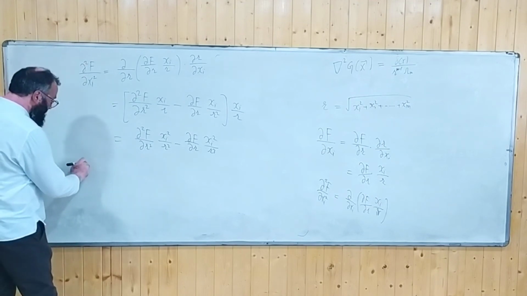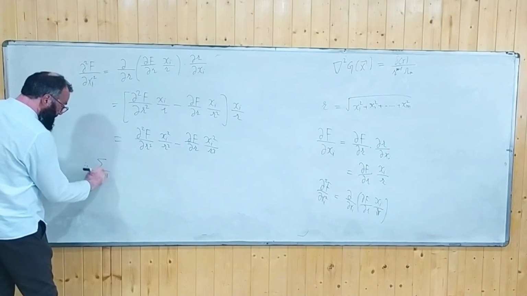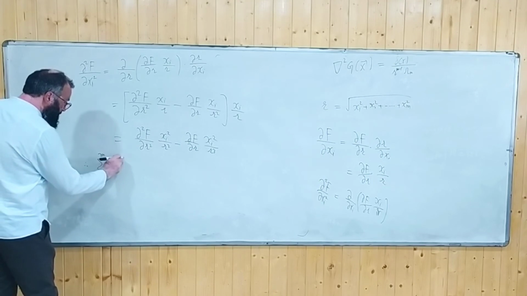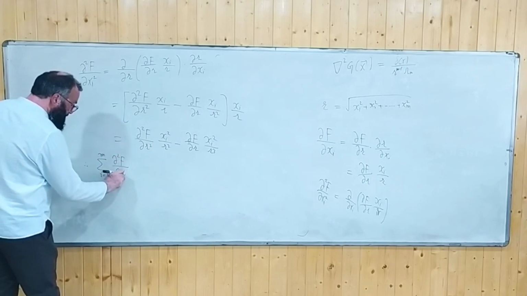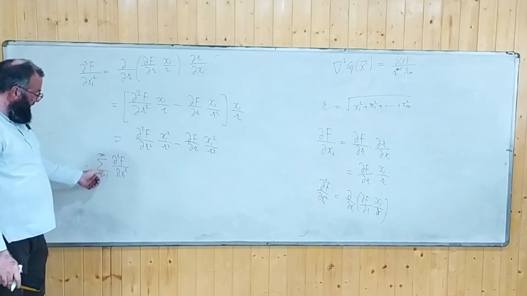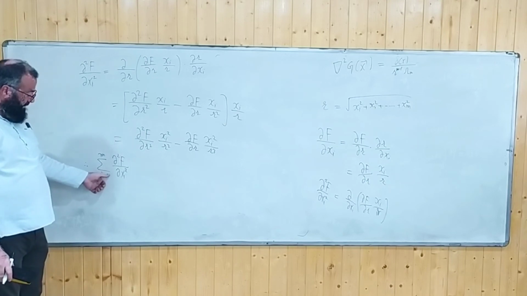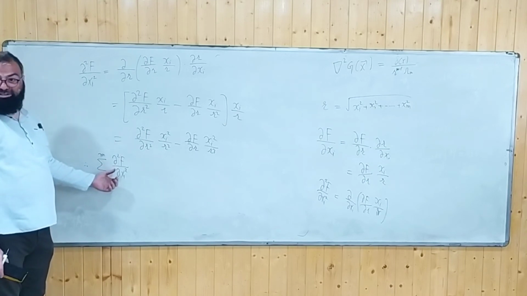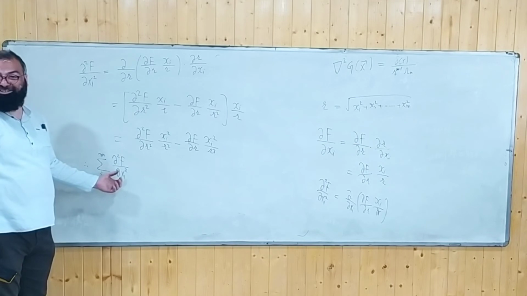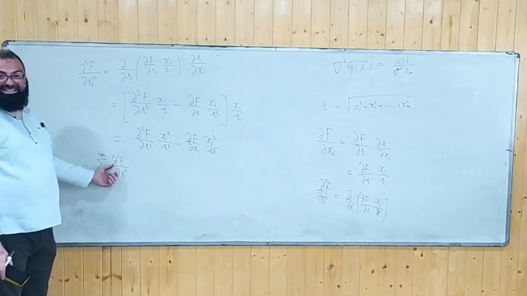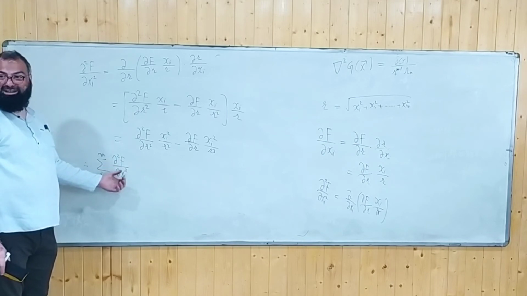Therefore I can write the summation over i, running from 1 to m, of partial 2f by partial xi squared. If I sum over i, it will be the Laplacian, is it? Is this the Laplacian acting on f?